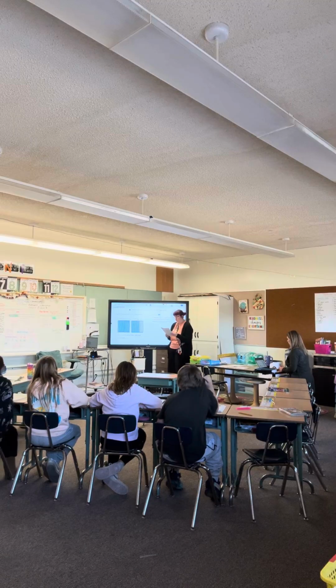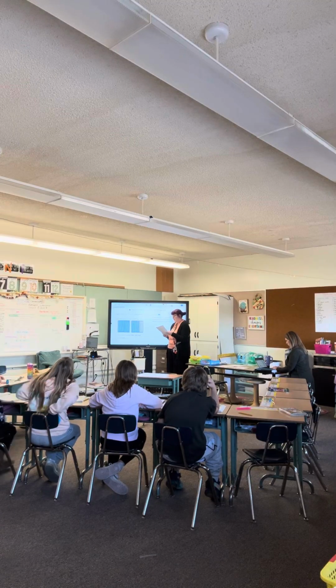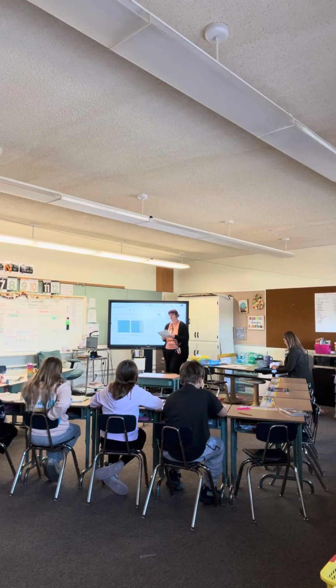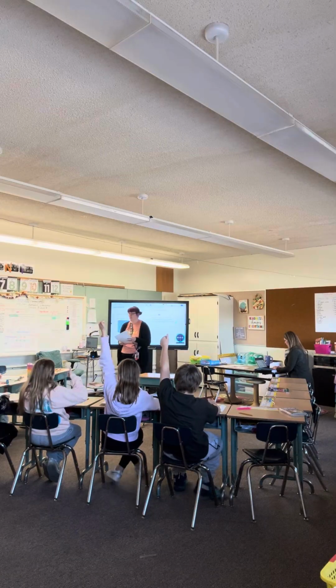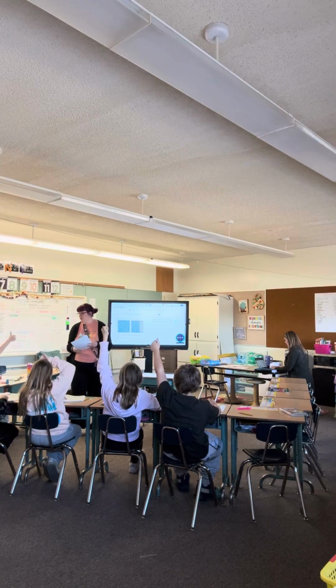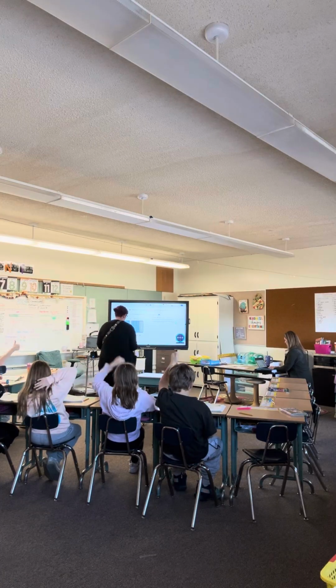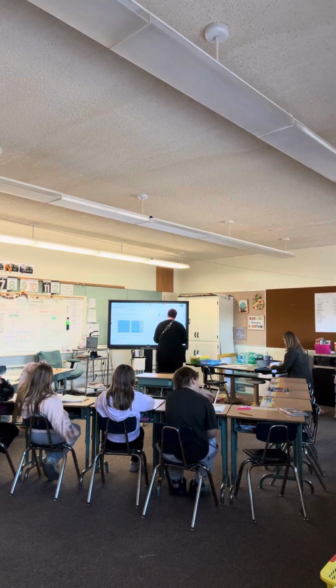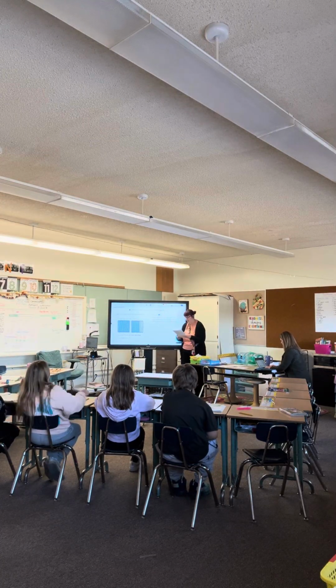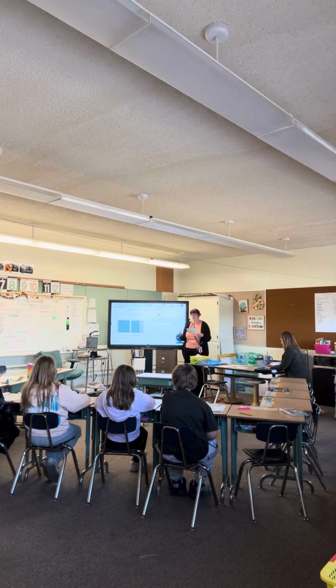I want you to point to the diagram that is completely colored in your book. Give me a thumbs up when you got it. Very, very good. I want you to turn and talk. What is this diagram called?